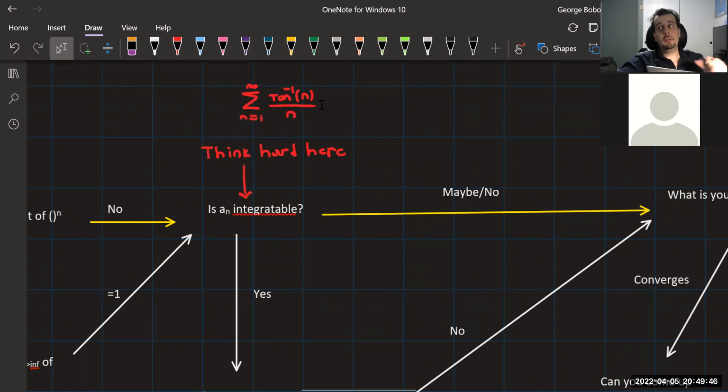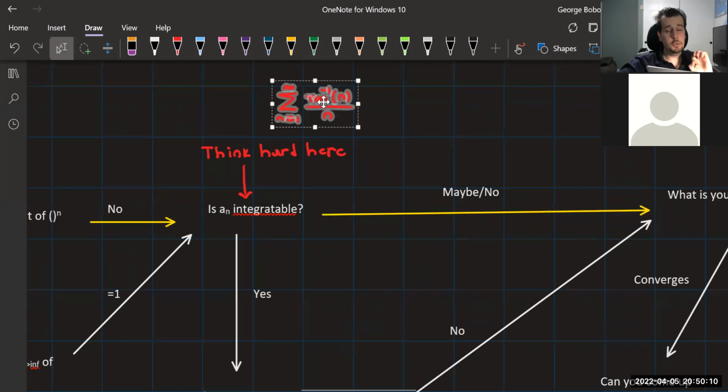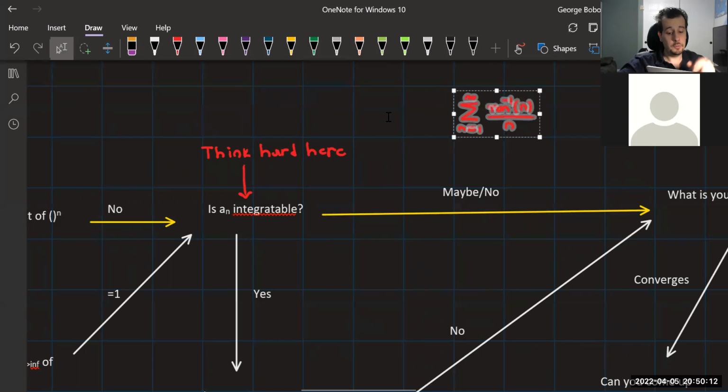If we integrate it, I don't know that antiderivative explicitly. So even if I use integration by parts, I'd have to differentiate this, integrate this, and again, it might not work out. This is going to be a long integral, if anything. There is something I can do, but it's probably not even going to work. So I'm going to go with maybe no.